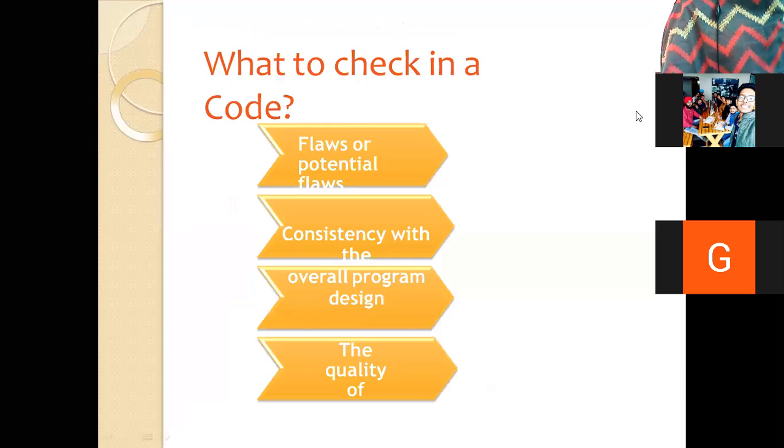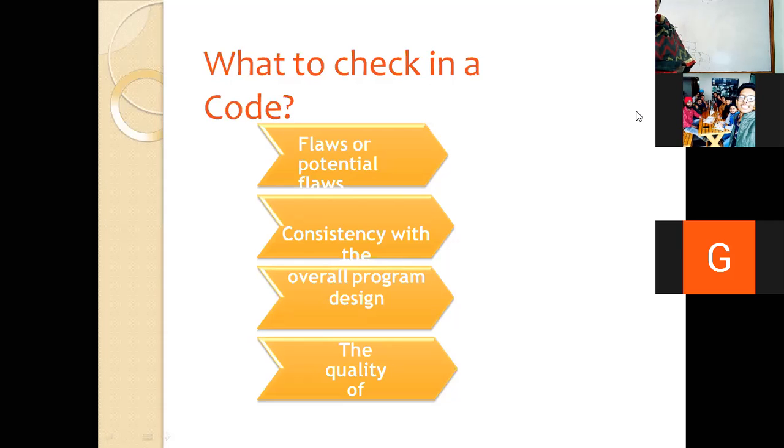What to check in the code? Whenever you are reviewing code that was created by some other developer, you can look for flaws or potential flaws in that code. What they have missed, but what according to you should be included. Consistency with the overall program design, because overall program design matters. So consistency should be there.